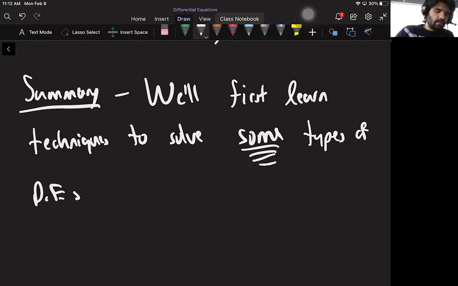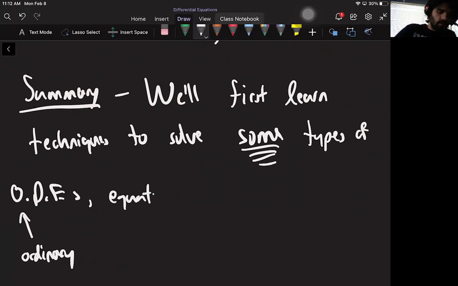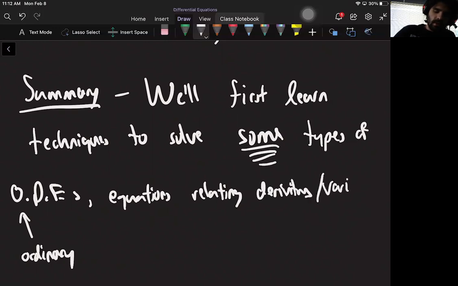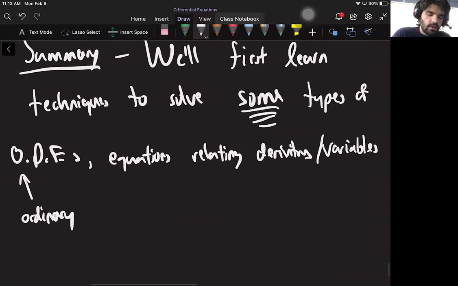And I just have to call these ordinary differential equations just this once. So an ordinary differential equation is a differential equation relating derivatives and variables as opposed to partial derivatives. So we're not going to deal with those. Maybe much later we will. But for now, ordinary differential equations.